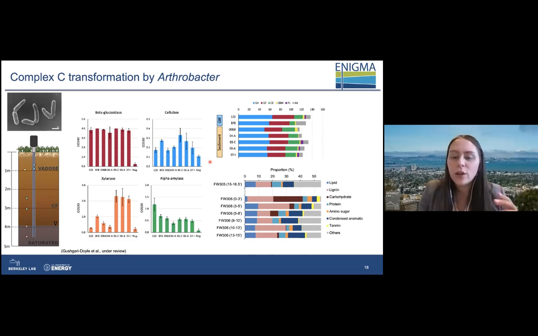And so we don't have an absolute, quantifiable number of this specific carbohydrate, but we do have relative abundances of what general types of carbon are there.